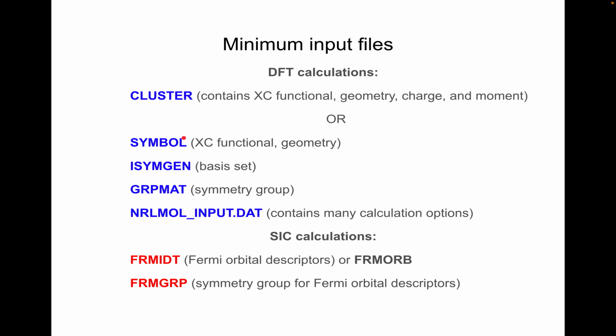When both the cluster file and symbol file exist in the same directory, the symbol file gets the priority. So if you want to run a calculation from the cluster file at any point, be sure that you don't have the symbol file in your directory.